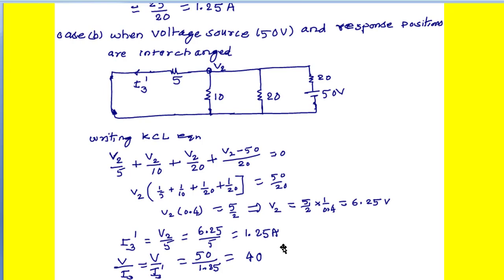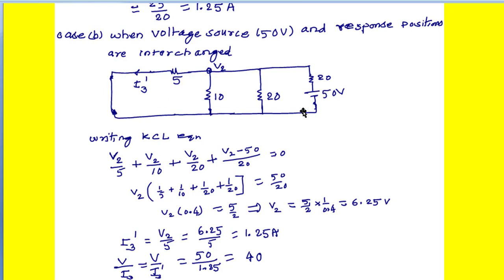If you look at this current in the previous case, that is when the voltage source was in the original position, we found that the current flowing in the last branch on the right side was 1.25 amperes. In the second case, we interchanged the response position and the excitation position like this.